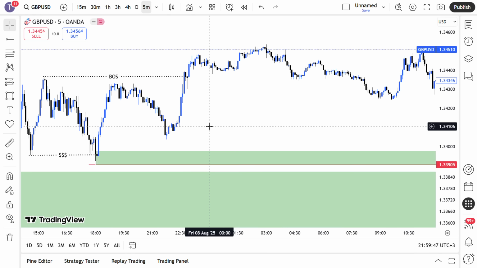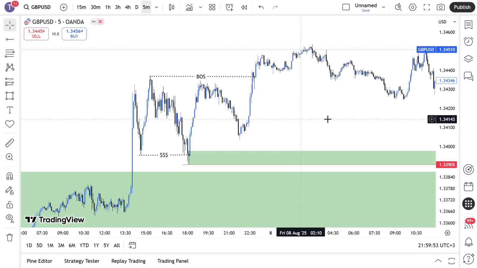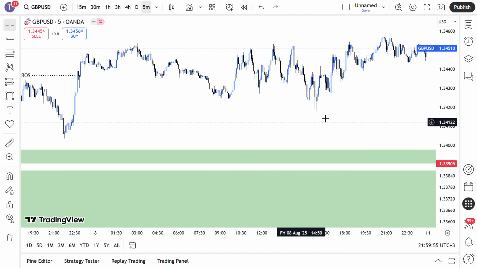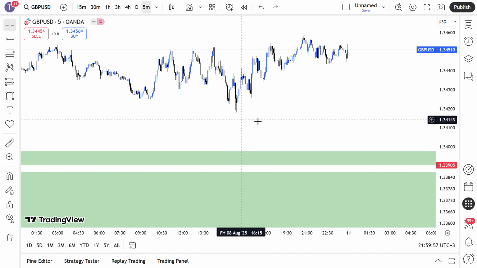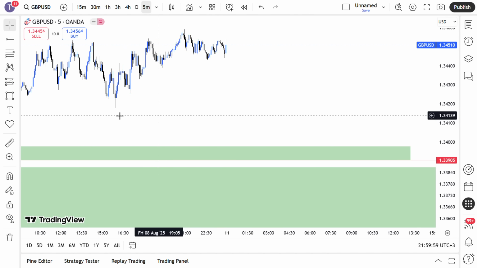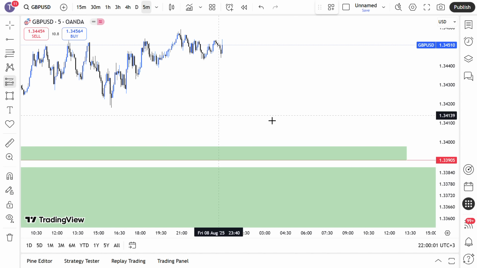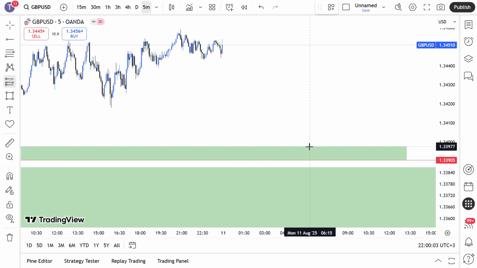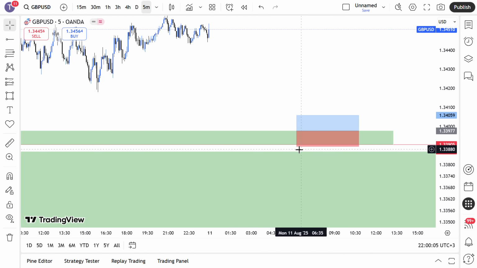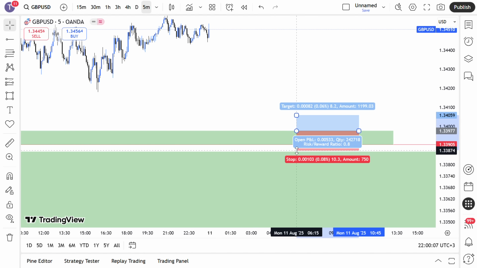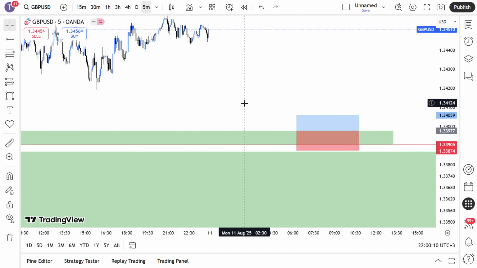So this is a very good setup, an A plus setup that I'm willing to have my orders from. I already have orders from this order block, and I expect the market to come back to this area and then look for those buys to the upside.